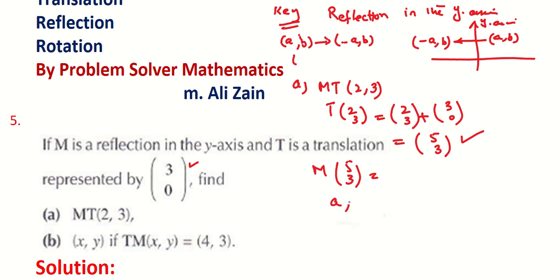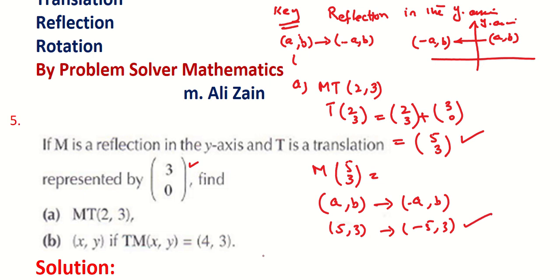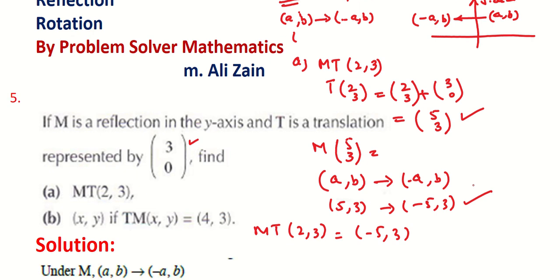As we know, reflection in the y-axis always changes the sign of the first value. So (5, 3) changes into (-5, 3). This is the result. So MT on (2, 3) is equal to (-5, 3). This is the answer. First we operate translation and then reflection.